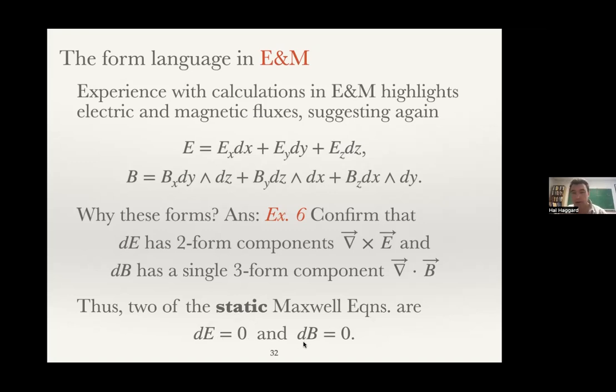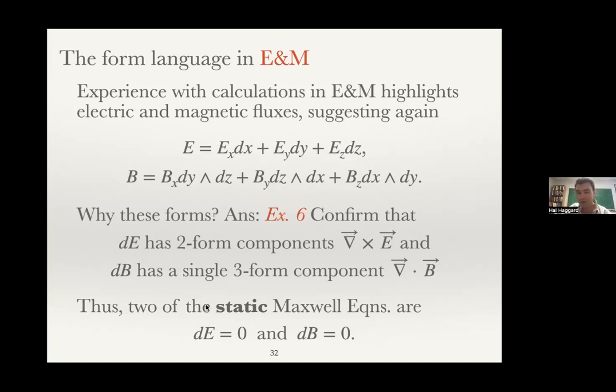So we've done two things. We've reformulated the fields as forms, and we've discovered the first two Maxwell equations in the static limit as differential form equations. So it's a really nice formalism.